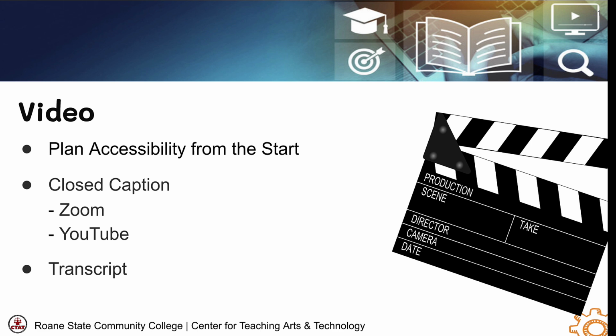So in both of those instances, Zoom creates a transcript, YouTube creates a transcript. That also means that YouTube creates closed captioning, which is also a recommendation for video, especially if the content of the video or any elements of the video are not directly mirrored also in the text of that document.